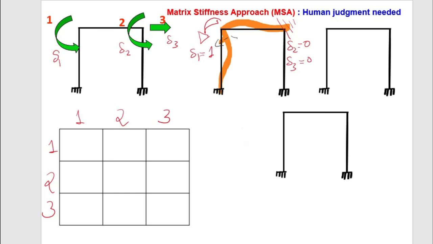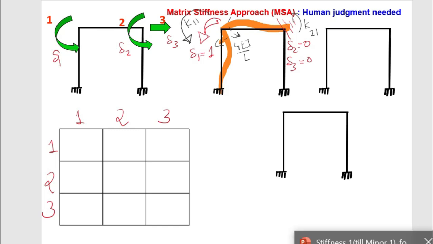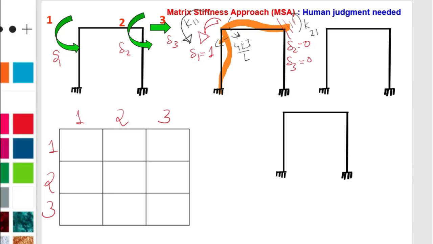Here the moments at the ends of the two members will be 4EI/L theta. So the total moment required at this joint will be 8EI/L theta, theta being equal to 1, and this will be by definition K11 because this is the moment required along the first degree of freedom when we apply unit displacement along the first degree of freedom itself.